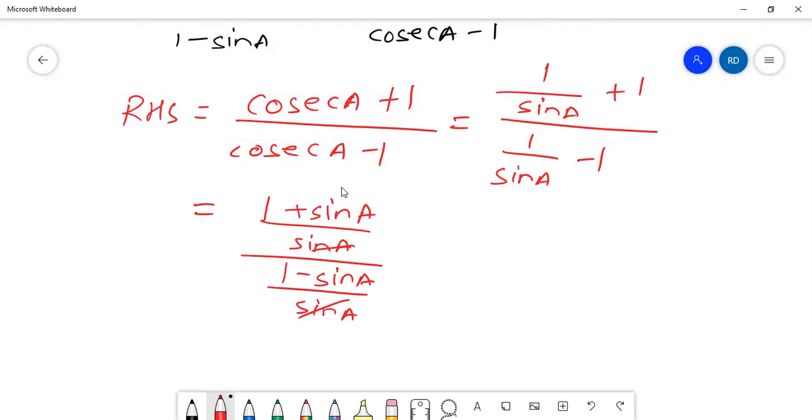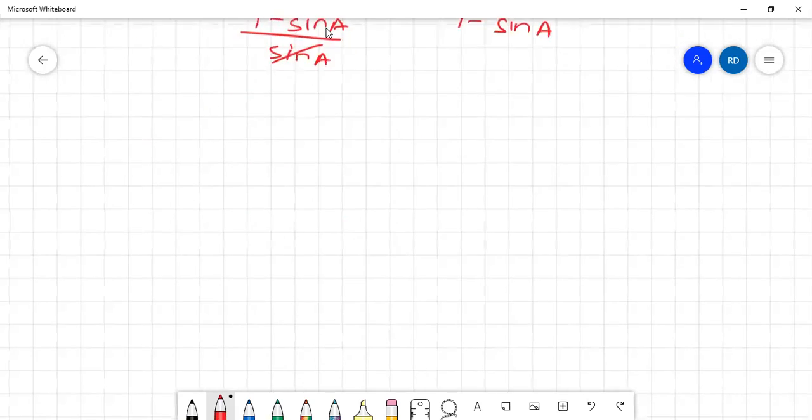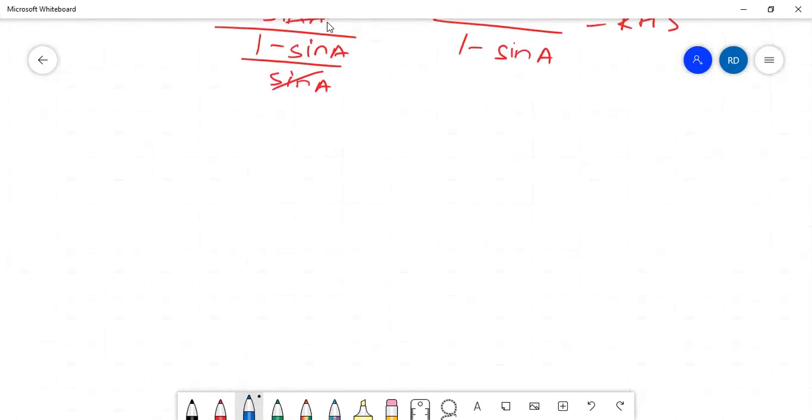So you can directly write the answer: 1 upon sine A into 1 plus sine A upon 1 minus sine A. So this is our RHS. So these are the simple problems. Let's start with the third one.